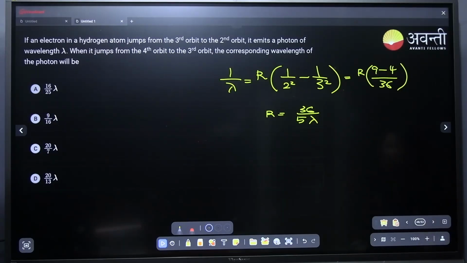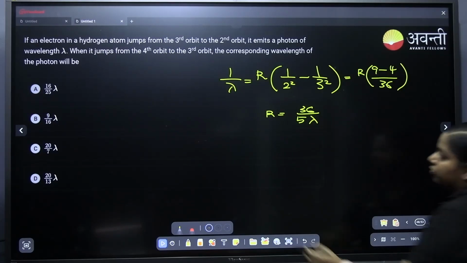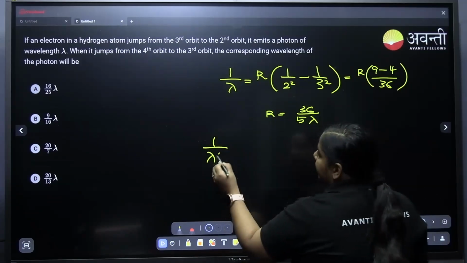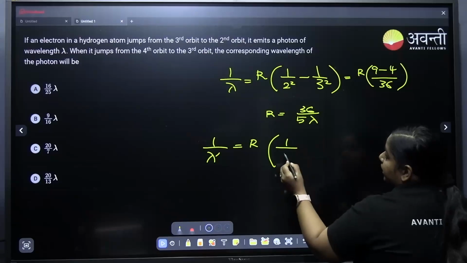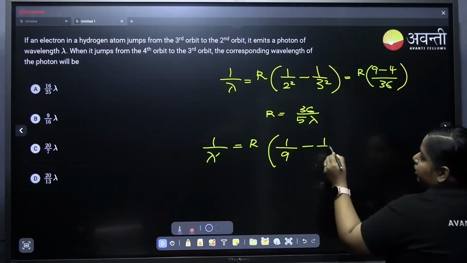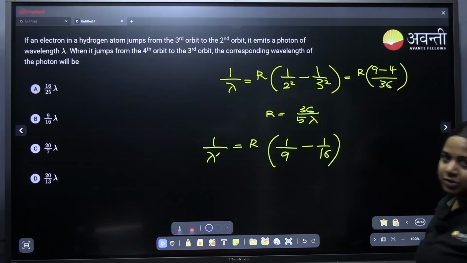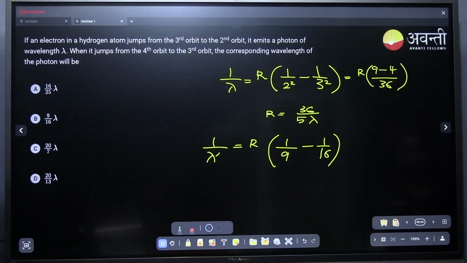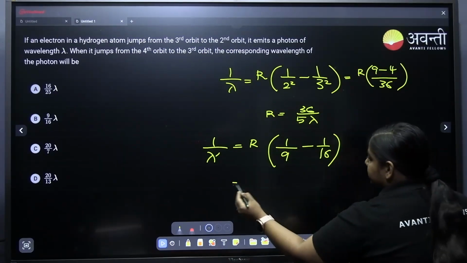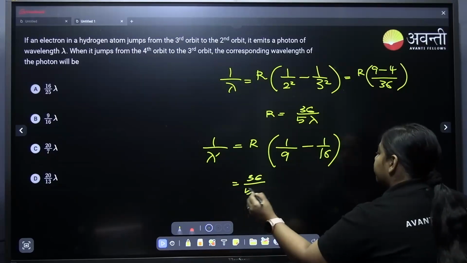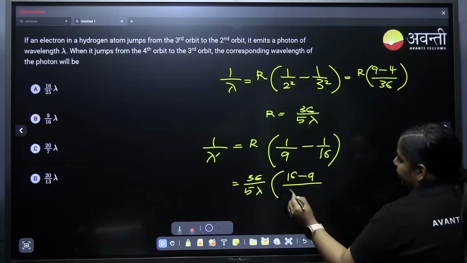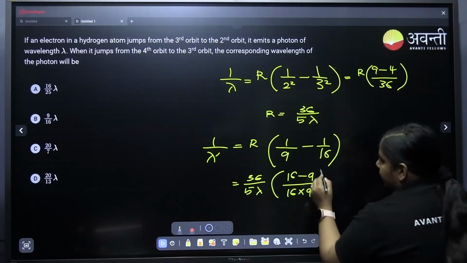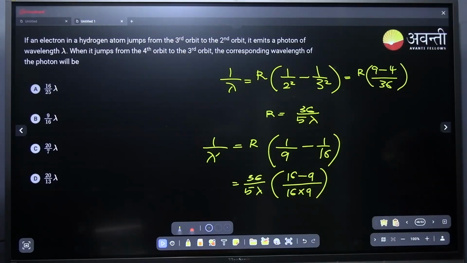Next we have to see from 4 to 3. So 1 by lambda dash is equal to R into (1 by 3 square minus 1 by 4 square). R we already got as 36 by 5 lambda, into (16 minus 9) divided by 16 into 9. 16 minus 9 you will get 7.